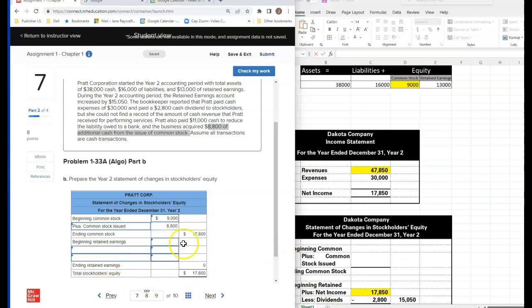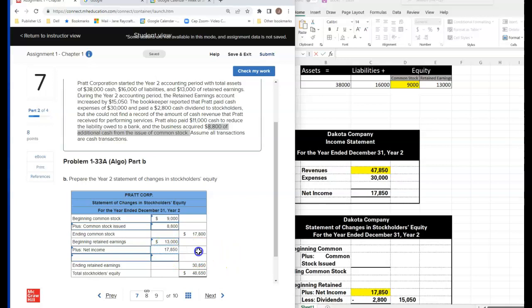Now, when it comes to retained earnings, our beginning retained earnings balance was what was given to us, that $13,000. Then we already figured out that we added our net income of $17,850.